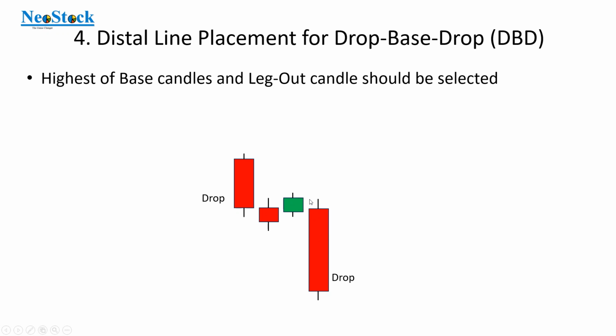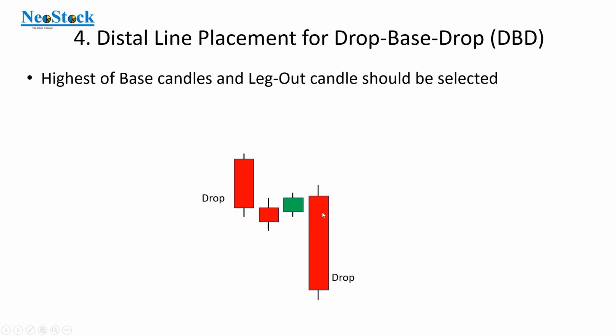In this example, which is having the highest? This base candle is having the highest. So this is going to be the distal line. Let us look into one more example for the same drop base drop.